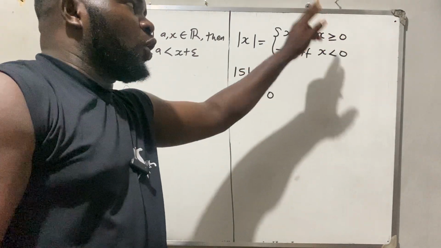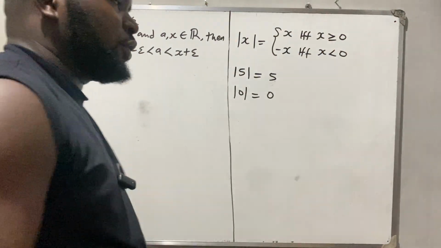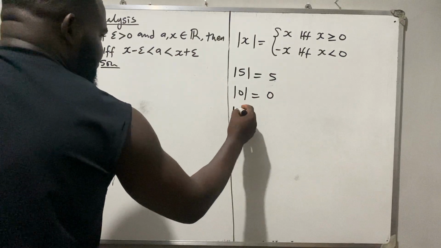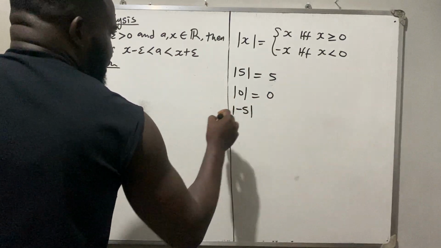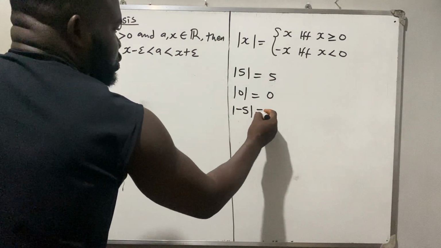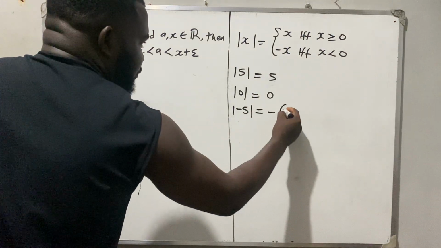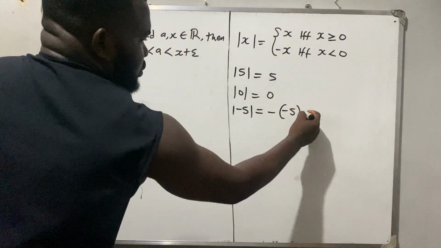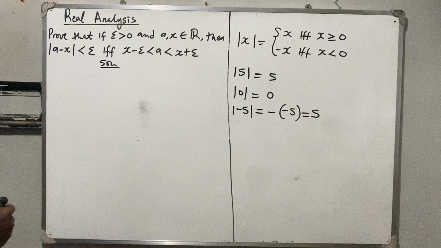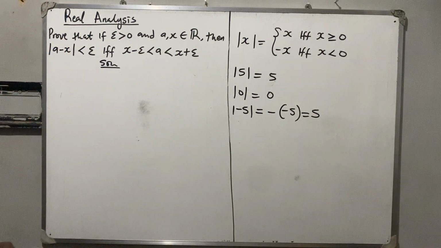Whenever it is positive or 0, the answer is itself. But if it is negative, that is, less than 0, the answer is going to be the negative of itself, which is 5. So that is why we conclude that absolute value must be positive.